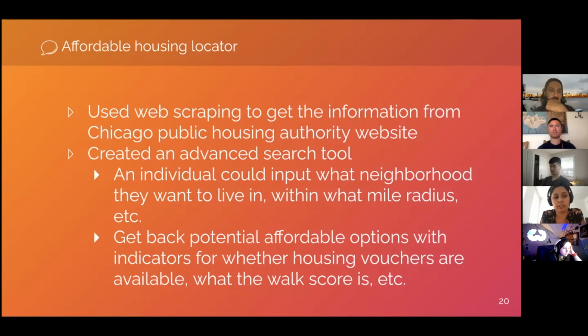People get vouchers for housing, but not all landlords let them use those. So we wanted to provide more information to individuals to empower them. We also included information like walk score and other characteristics so that people can see whether this is a place they really want to live.